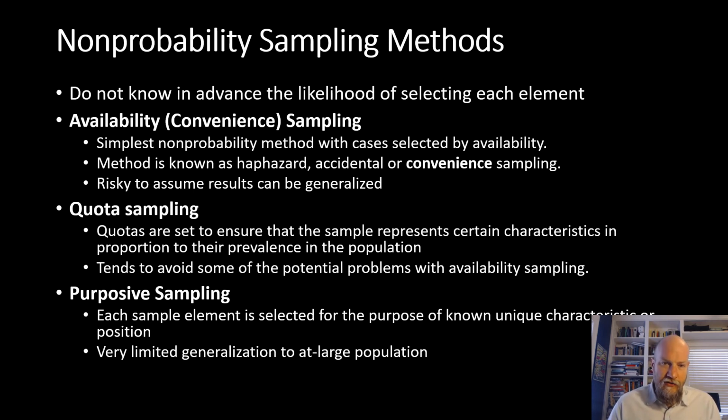Another is known as quota sampling, and this is where we don't know every single individual unit within the population. We don't have a true sampling frame, but we do know certain percentage characteristics about it in proportion to their prevalence in the population. So if I didn't have a list of every Virginia Tech student, but based upon previous demographic research, I knew that it was 55% female, 40% male, and then some difference of people who identify as neither.